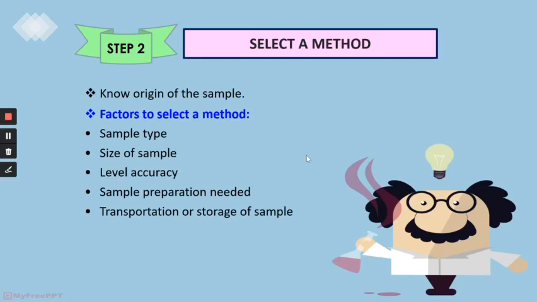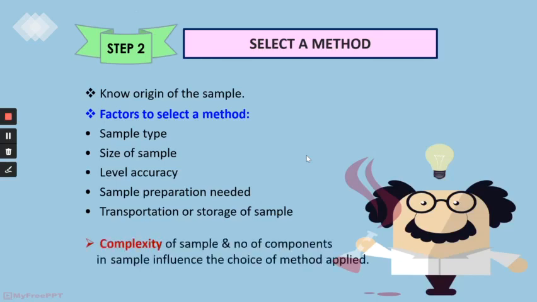For example, if you want to get 1 gram, what is the mass of sample you must collect? It might be more than 1 kg. That's the example. So the complexity of the sample and the number of components in the sample influence the choice of method applied.